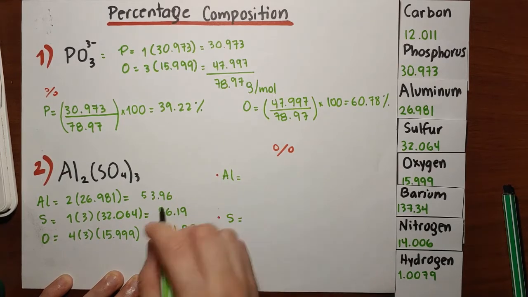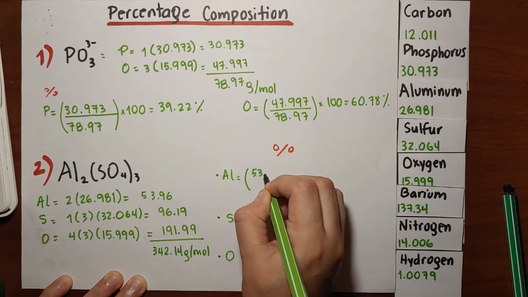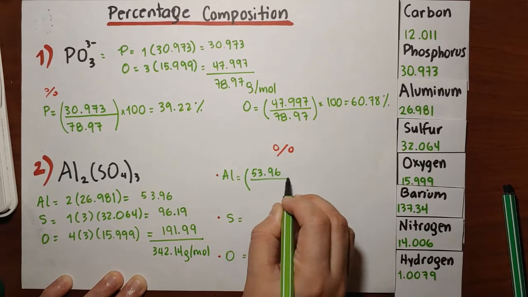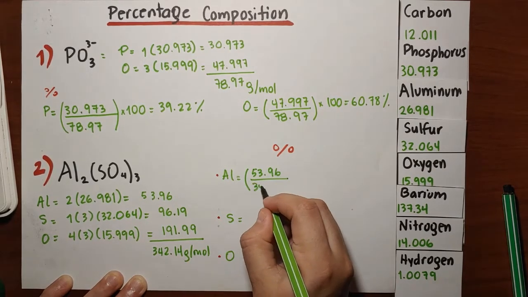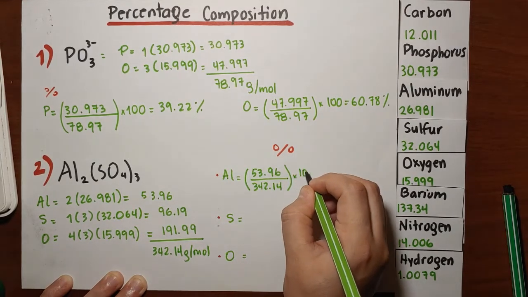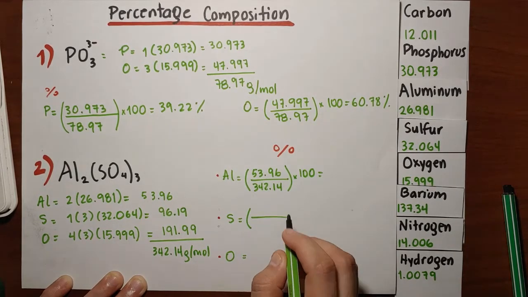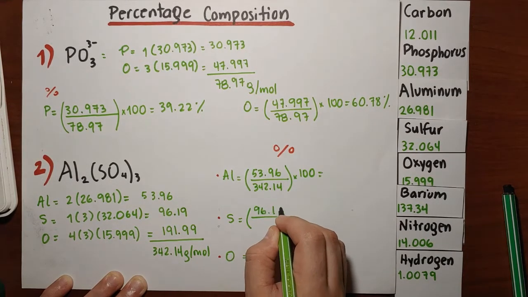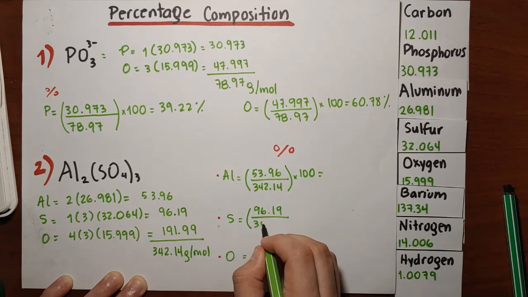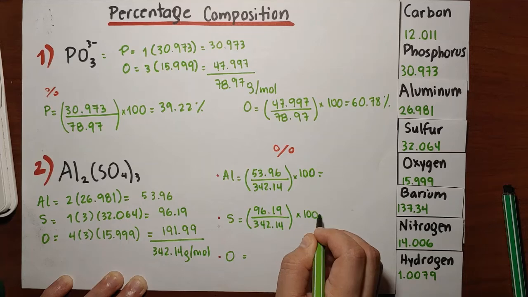So for aluminum, I have 53.96 divided by the total 342.14 times 100. For sulfur, I have 96.19 divided by the total times 100.